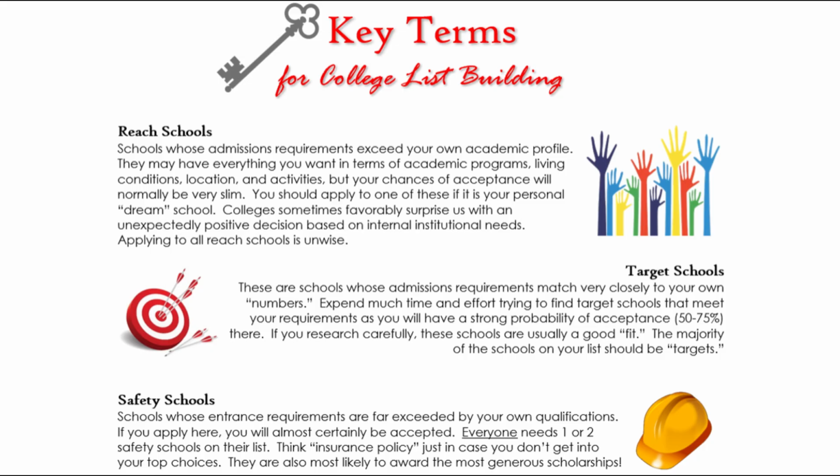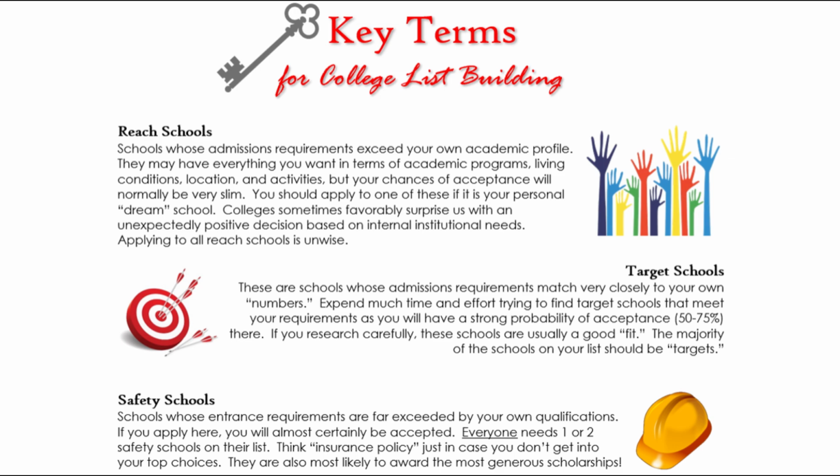Okay, so a few things that we talked about a little bit last year, but I just want to put on your radar again this year. There are 3 terms when we talk about the types of schools that your children should be applying to, and that's reach, target, and safety. And those categories are just what they sound like, right? A reach school is a school whose academic profile is a little bit or a lot out of reach for your child based on their academic profile.